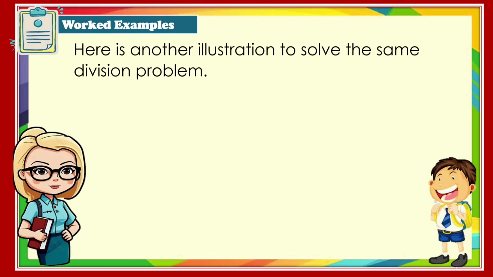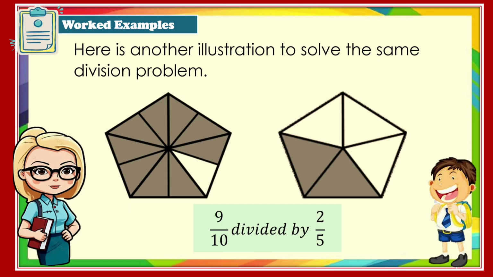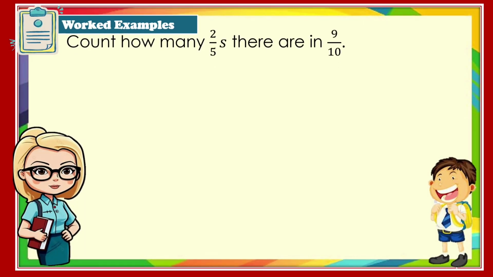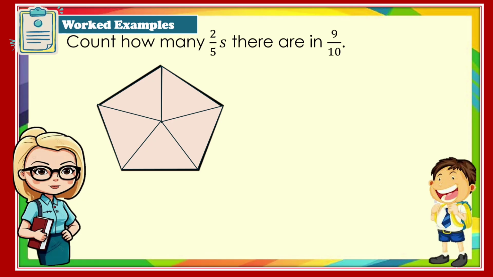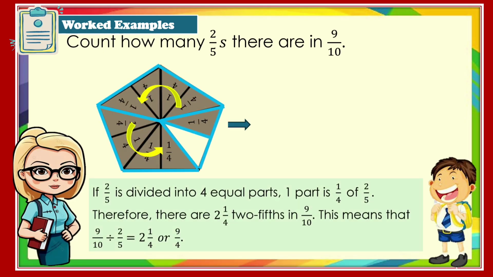Here's another illustration to solve the same division problem. 9/10 divided by 2/5. So count how many 2/5 there are in 9/10. So we have 2, okay? 1 and 2 and then 1/4.